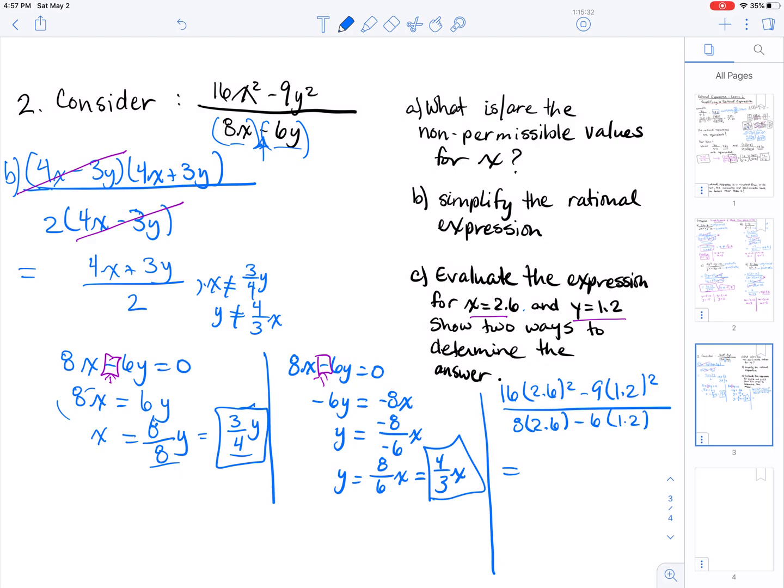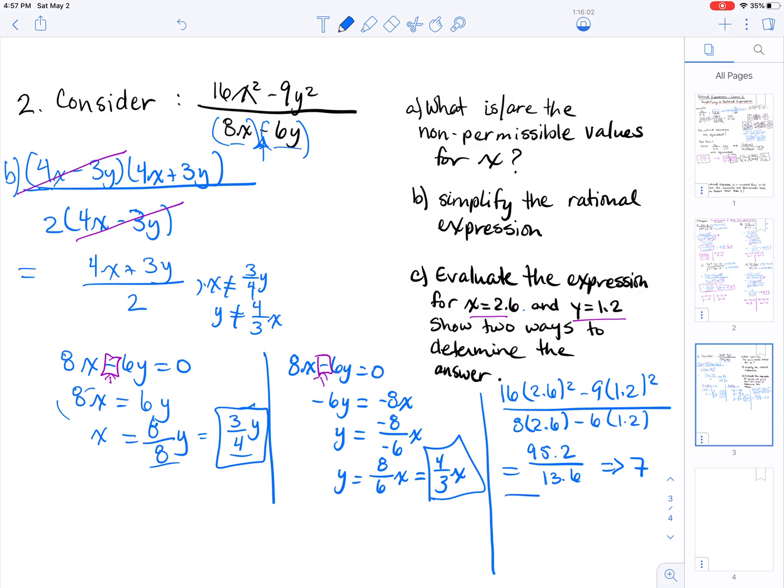Now, you're saying, will that give me a different answer than if I put it in the simplified form? Well, let's see. So we know that when we do that, this whole answer comes out to 95.2 divided by 13.6, which is equal to 7.